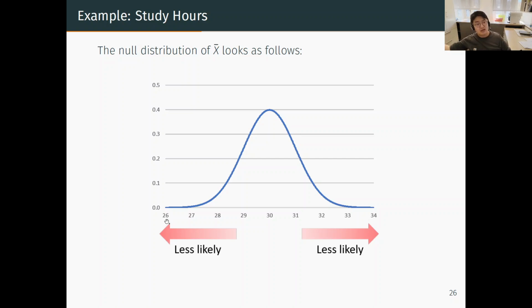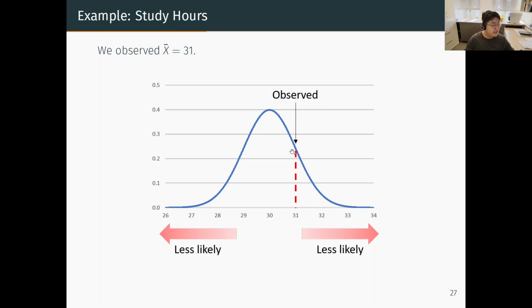Of course, even smaller numbers or even larger numbers would be unlikely, right? So if I'm to reject the null hypothesis, I have to reject those outside tail outcomes, right? They are the most suspicious outcomes. That means they are the most different from my hypothesis, right?